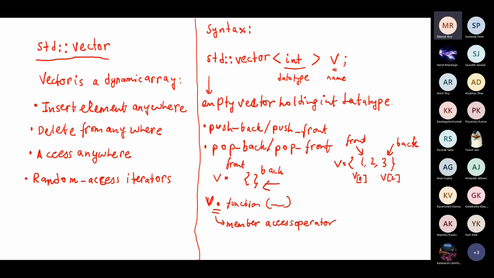Okay, so anyway, for those who don't know, a structure is basically a collection of data types and functions. And this member access operator allows you to access any data type or any function that is within the struct.